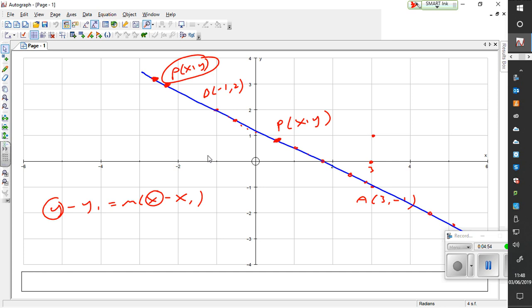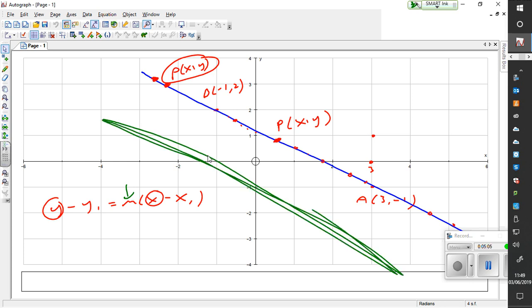And what anchors those points? Because essentially the gradient means, can you see this parallel line? This line is parallel to that blue line, right? It's got the same m, and it could have the same general x and y, right?